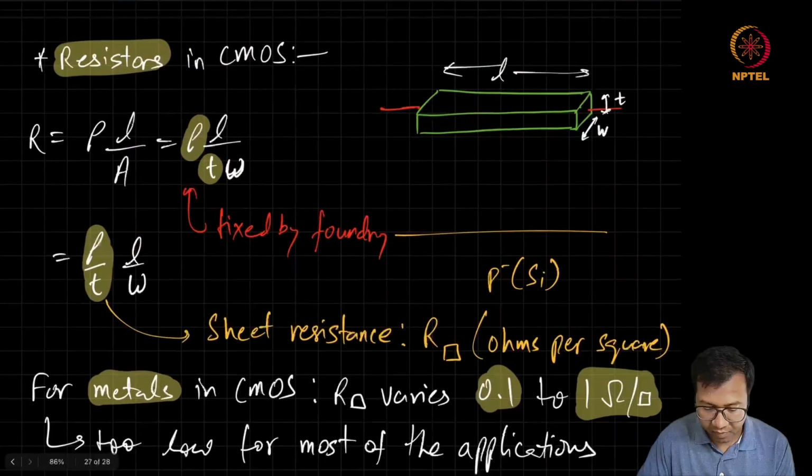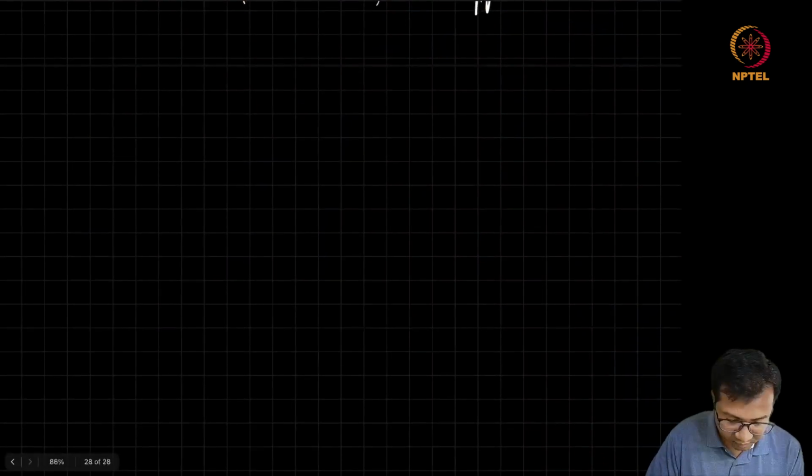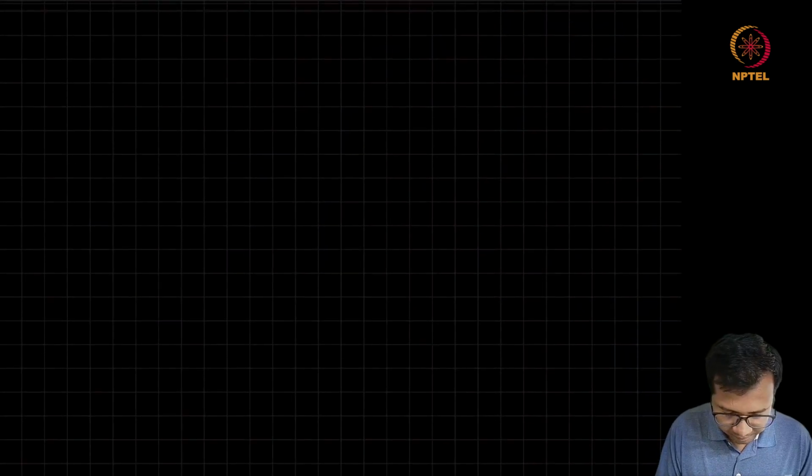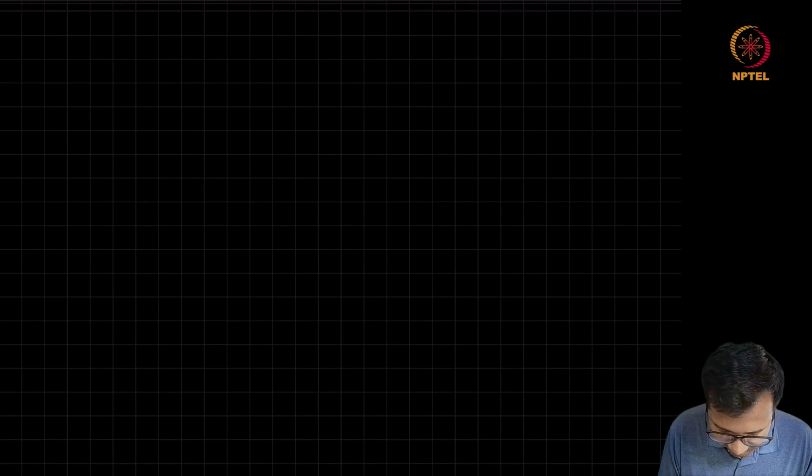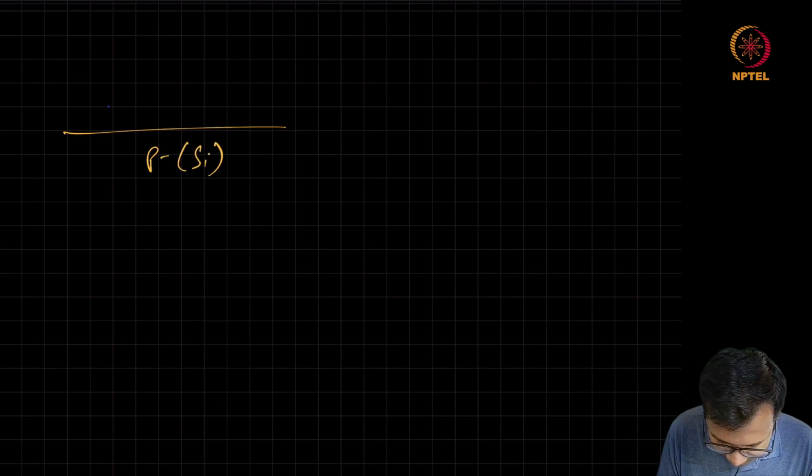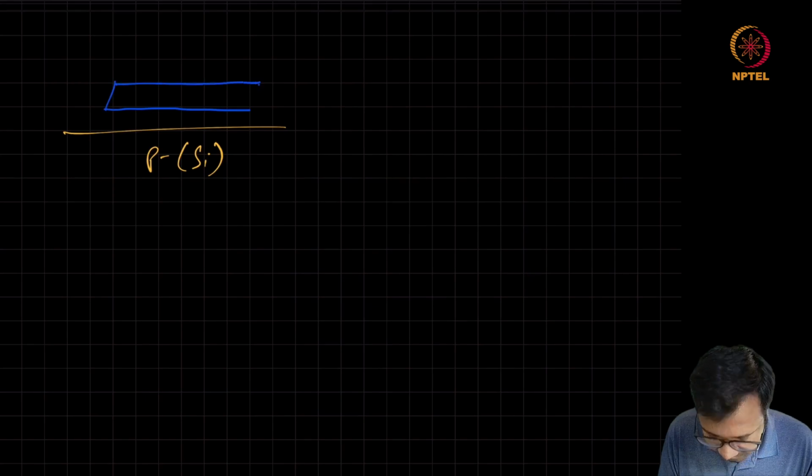In addition to metals, some other materials are also available in the CMOS process. We can use polycrystalline silicon, which can be deposited above the substrate.